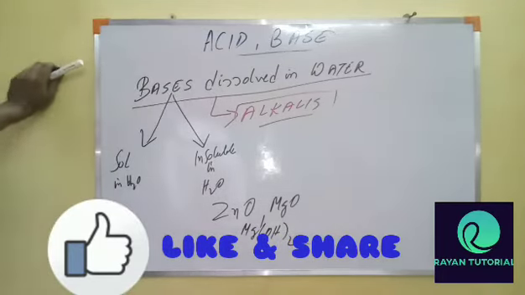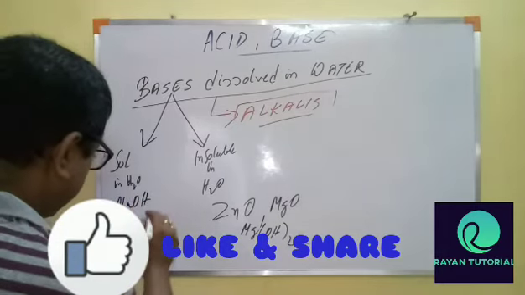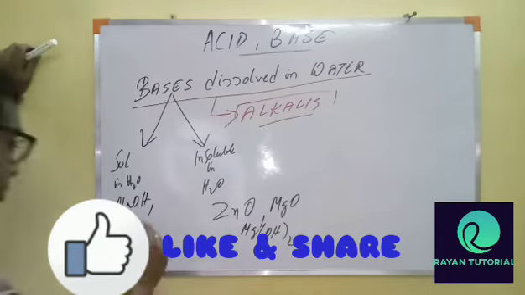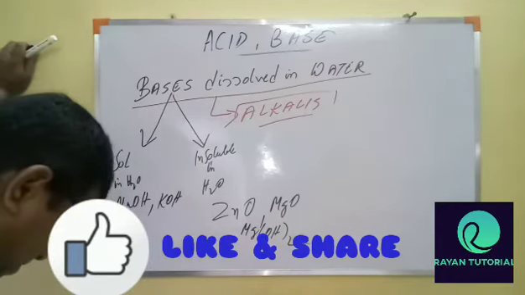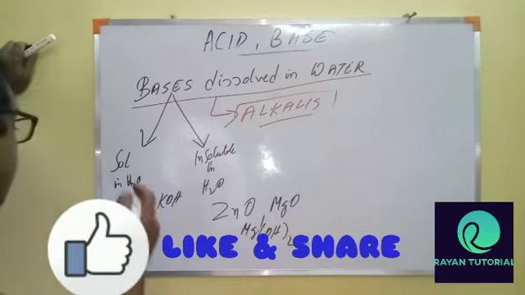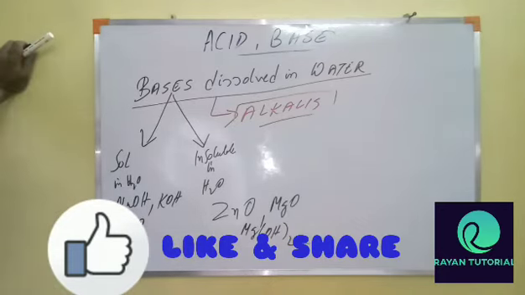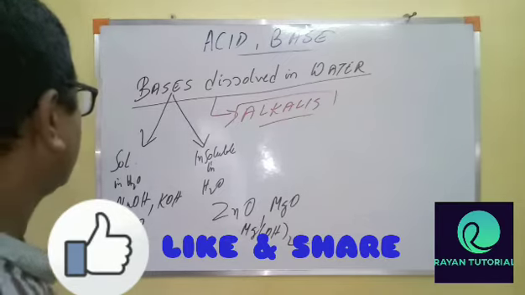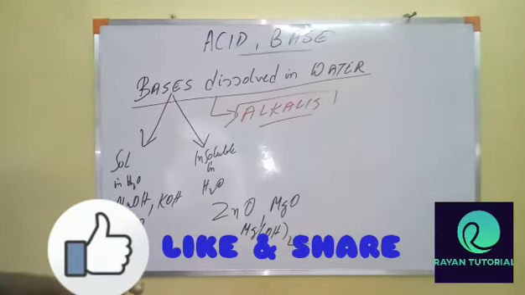And soluble in water: sodium hydroxide, then potassium hydroxide, then Na2O. That's all. Clear? Understood? Any doubts?